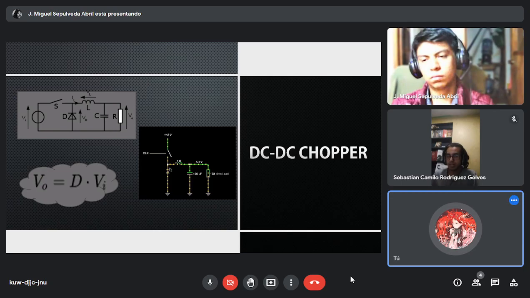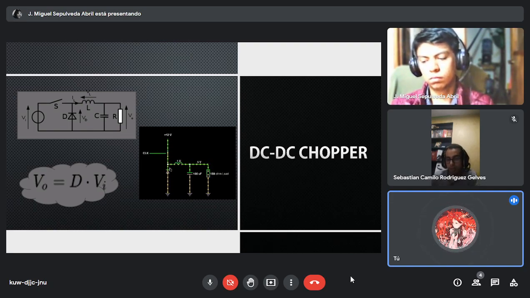If the switch is open, it doesn't matter that the energy is cut, because the resistive load still has power.